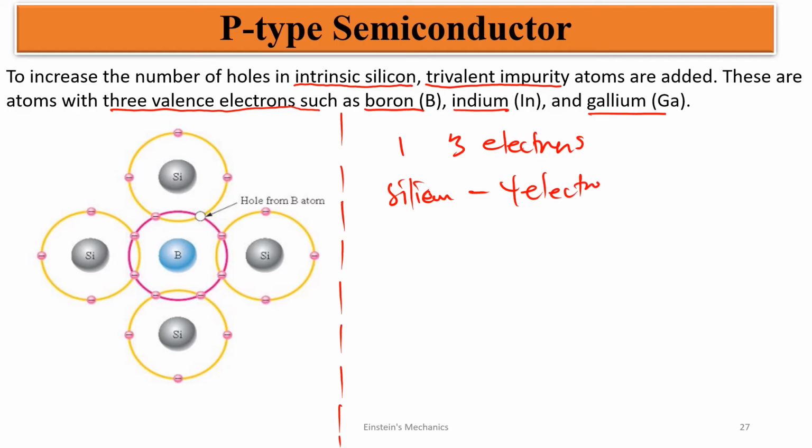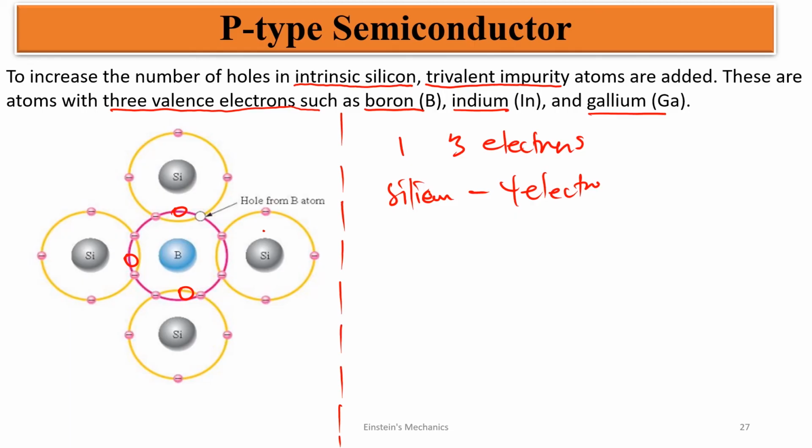This is boron, where we are going to dope it with the silicon. So the boron is having 3: 1, 2, 3. Are we okay? In order to complete the covalent bond between the 4 silicon atoms, boron is supposed to have 4, right?